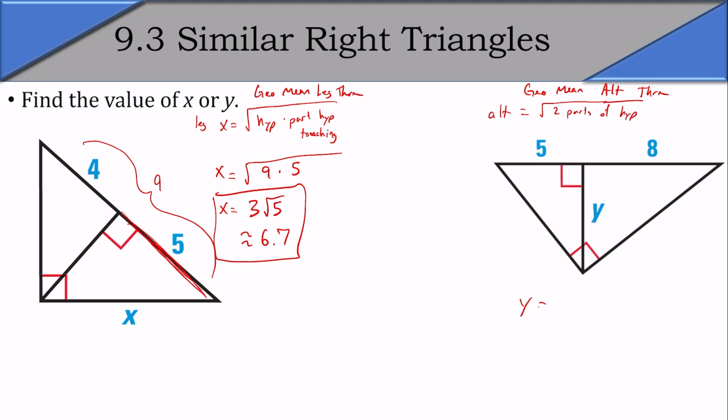So our altitude equals the square root of the two parts of the hypotenuse. So the square root of 40. 40 is 4 times 10. The square root of 4 is 2, so it's 2 square root of 10, or about 6.3.